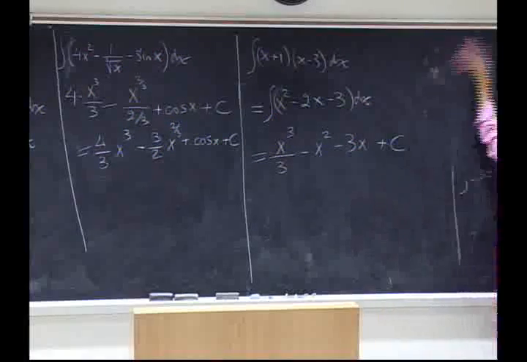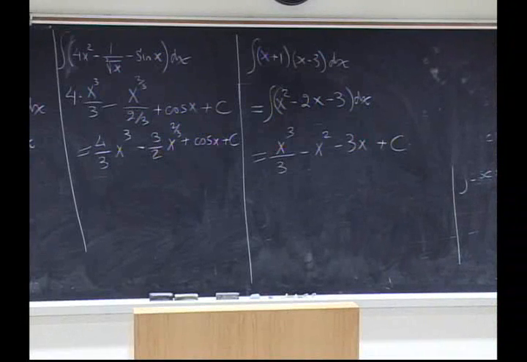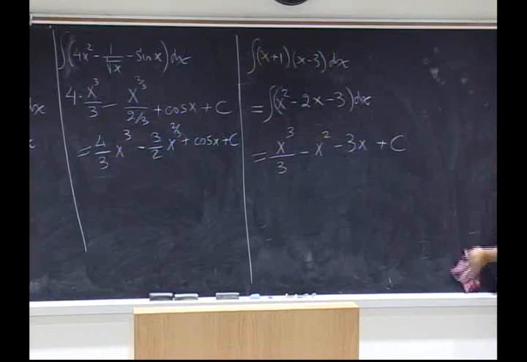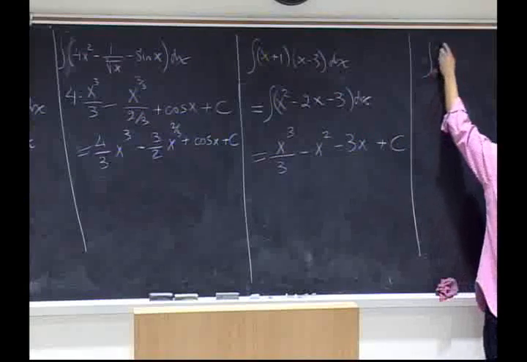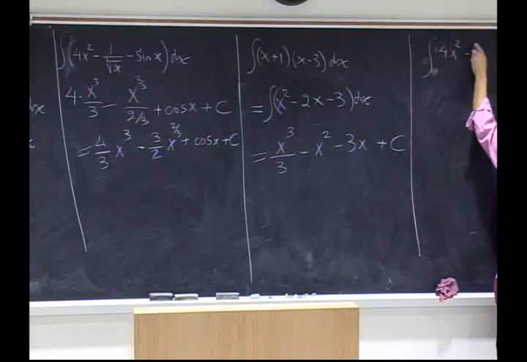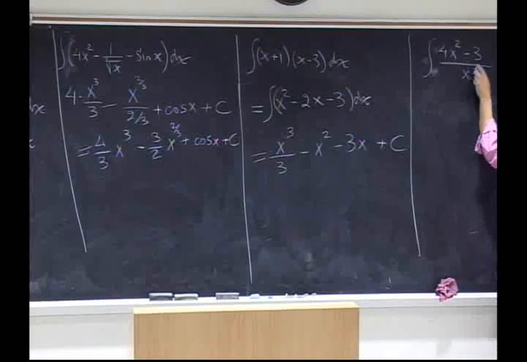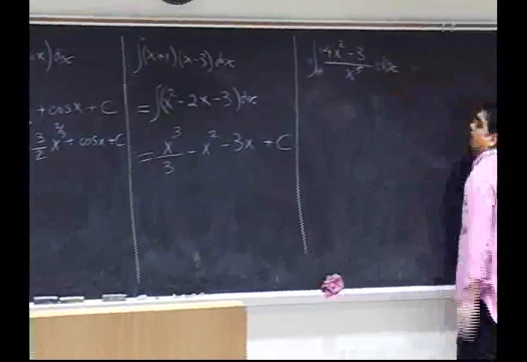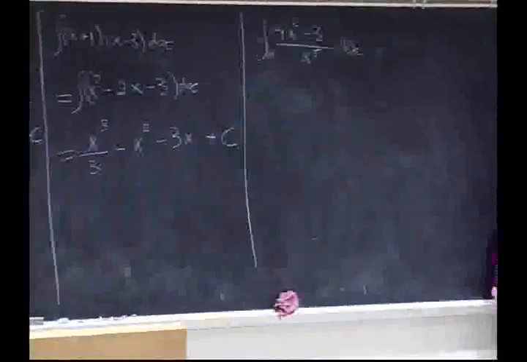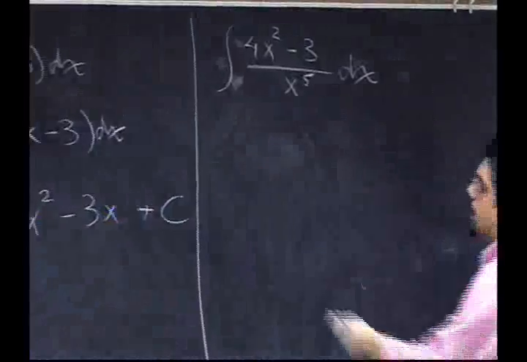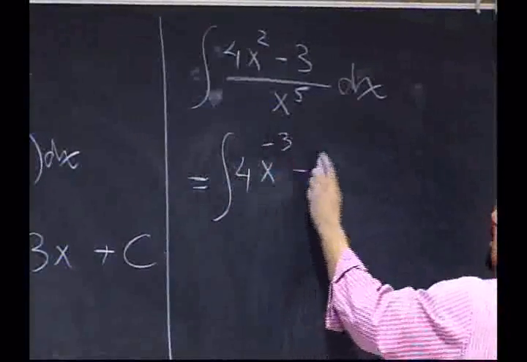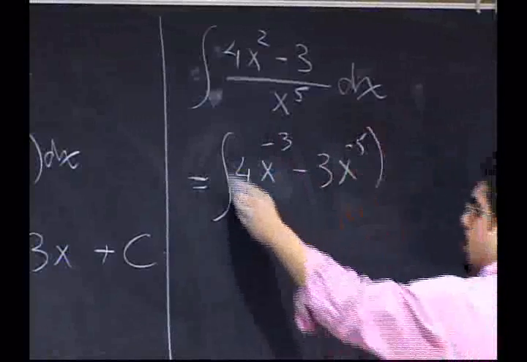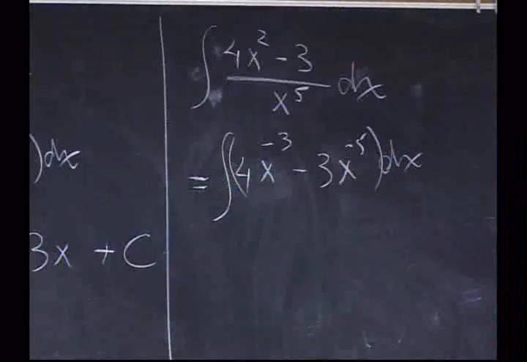So similarly, if I have a quotient, I don't have a quotient rule for antiderivatives, but I can simplify this expression to 4x to the minus 3 minus 3x to the minus 5. And then now all I have to do is apply the power rule.